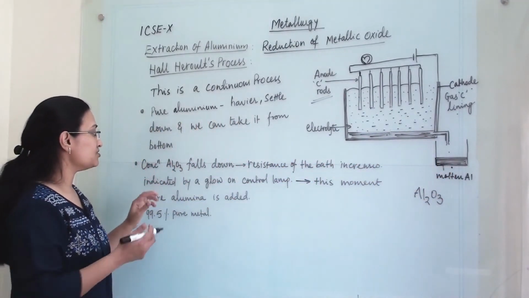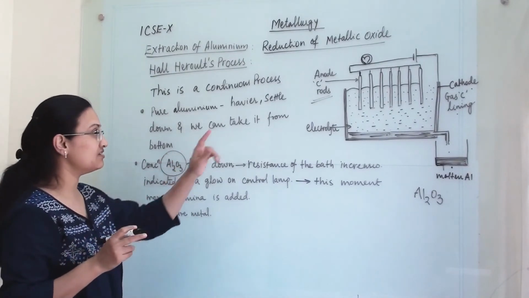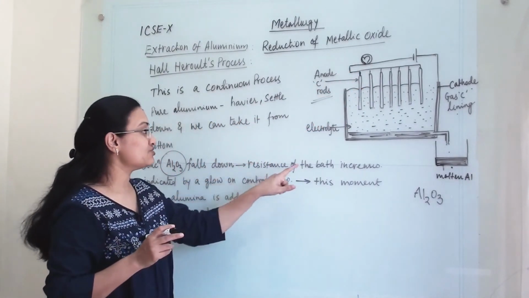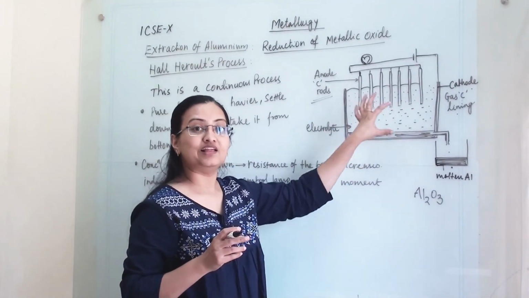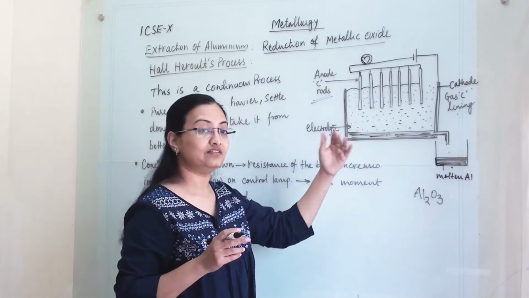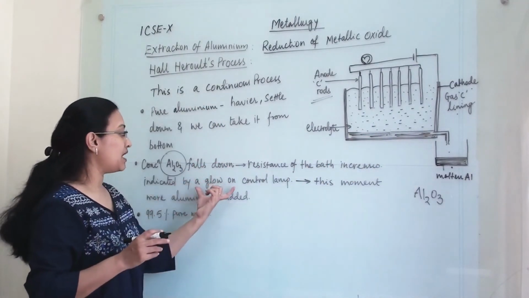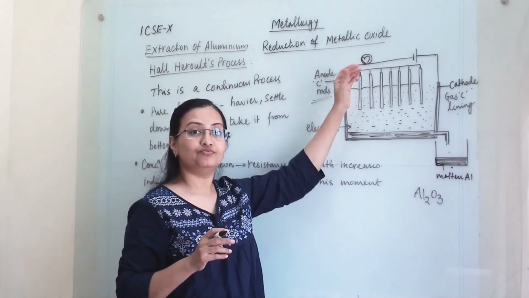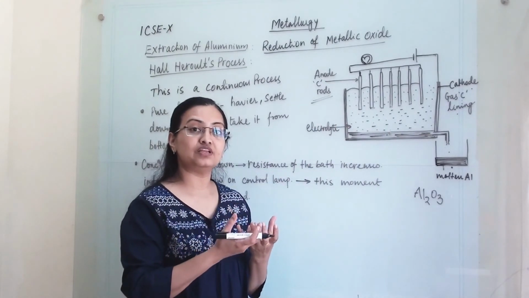Now when the concentration of alumina, that is Al2O3, falls down, here we have attached one control lamp. The resistance of the bath will increase because the molten alumina's concentration has lowered, and this will be indicated by a glow on the control lamp. So once this bulb glows, it will notify us that the concentration of Al2O3 has been reduced.